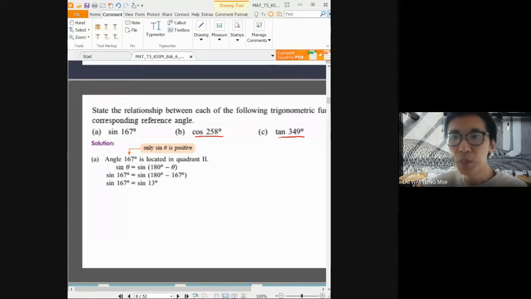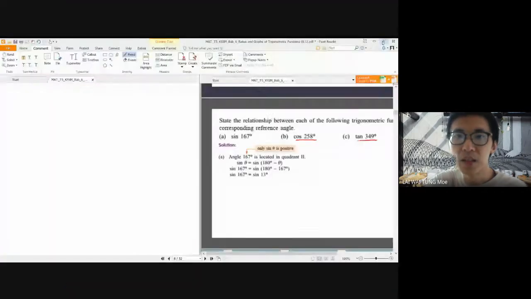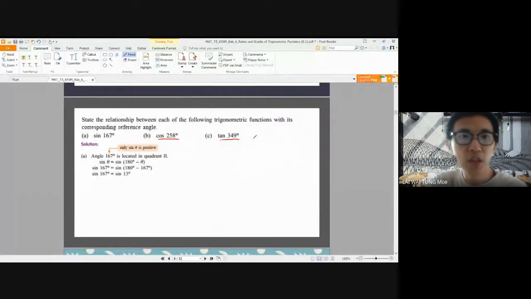State the relationship between each of the following trigonometric functions with its corresponding reference angle. The first question, A, has been done for you. Look at sin 167 degree.